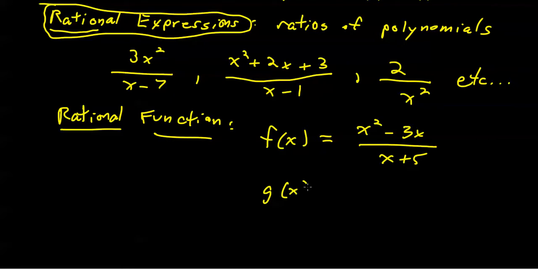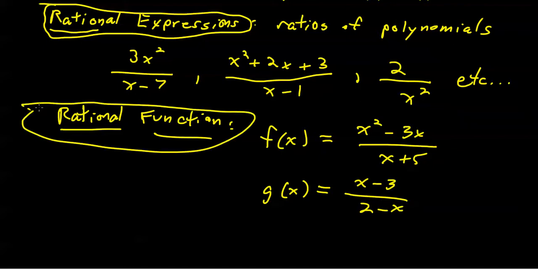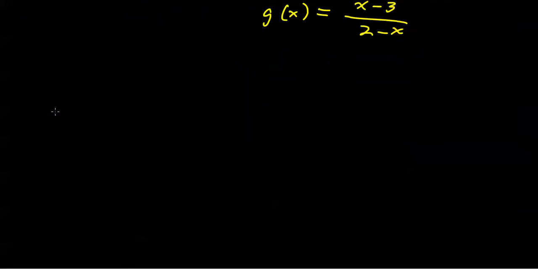We usually use the letters f, g, and h to assign functions. So g of x equals x minus 3 over 2 minus x is a rational function, a function whose formula is defined by a rational expression. Alright, definitions are down, so we're going to get right to some examples.